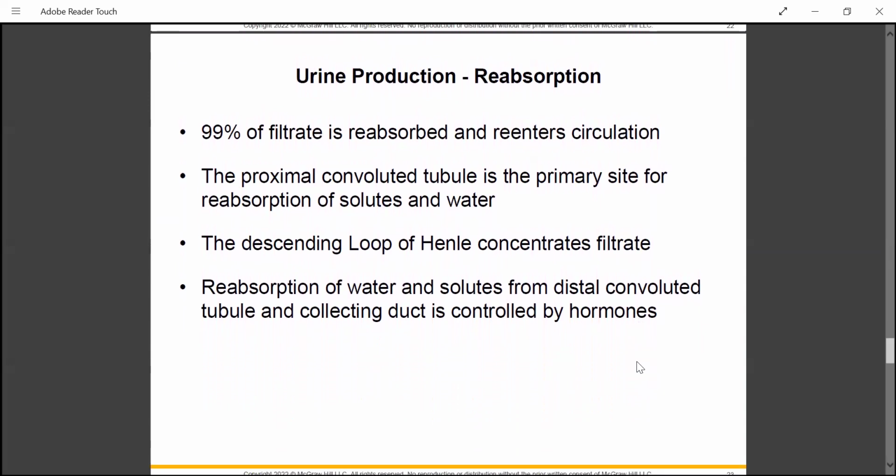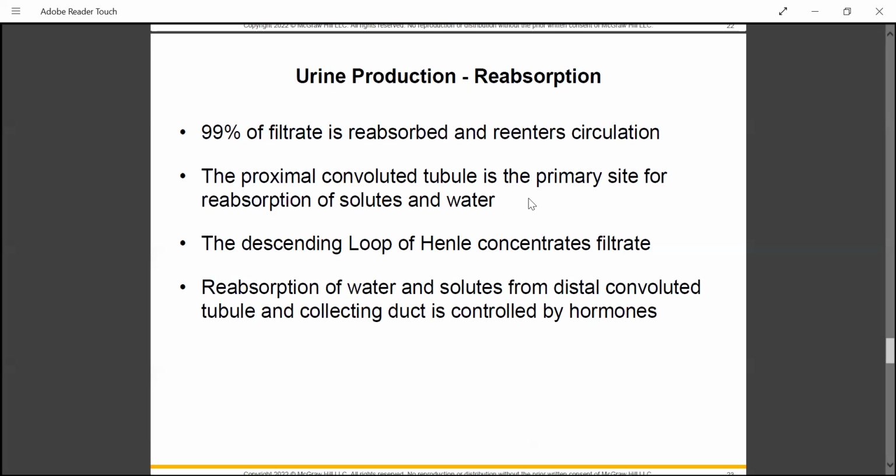So reabsorption, 99% of that filtrate is reabsorbed. Like I said, we push out a lot more stuff than we really want to get rid of. So we're going to reabsorb a lot of our ions, nutrients, water, anything that we can utilize for ourselves. So we're going to pull in a lot of that.